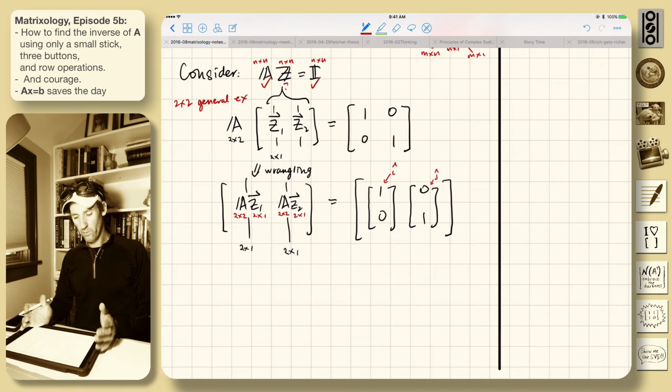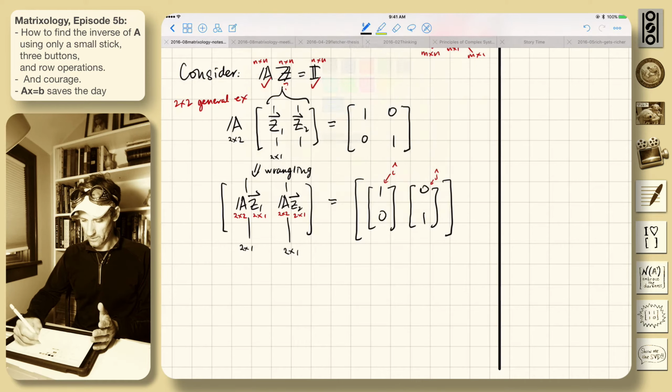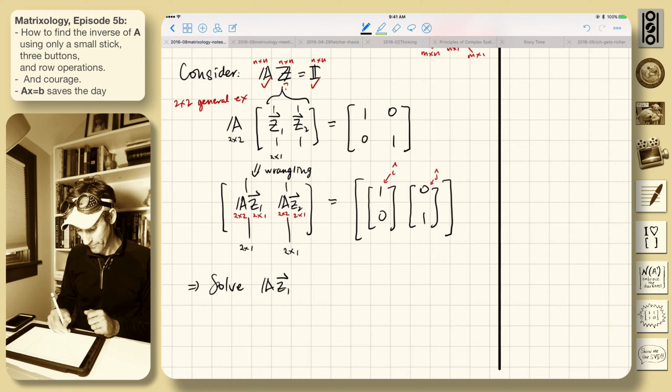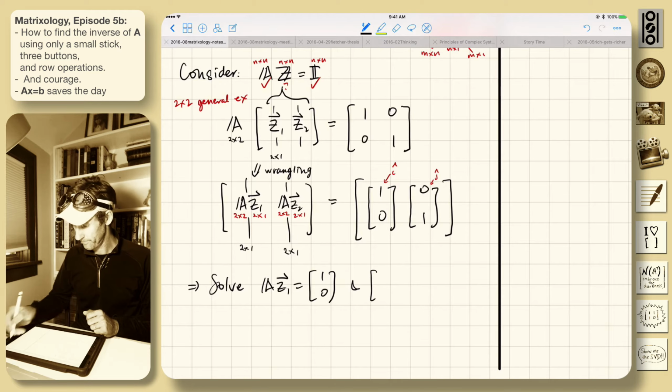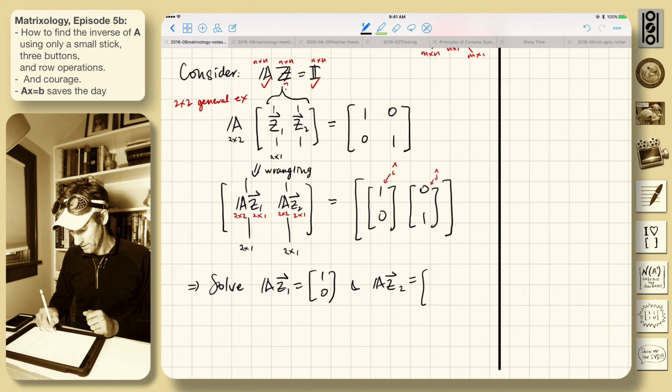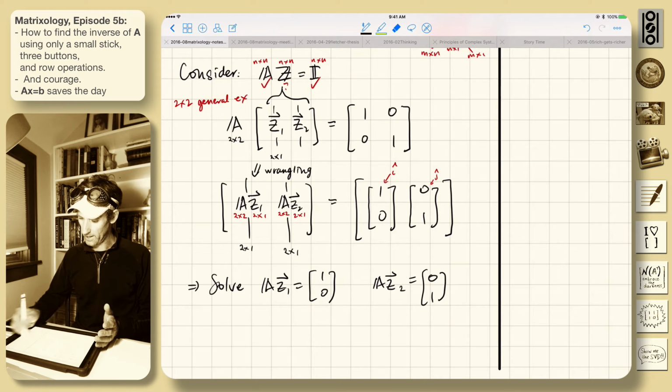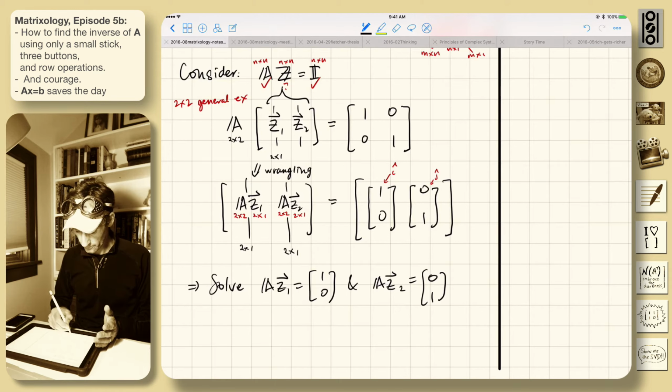So we have these two problems to solve. Let's write them out separately. It's equivalent to solving A times Z1 equals 1, 0, and A times Z2 equals 0, 1. So these are our friends AX equals B problems.